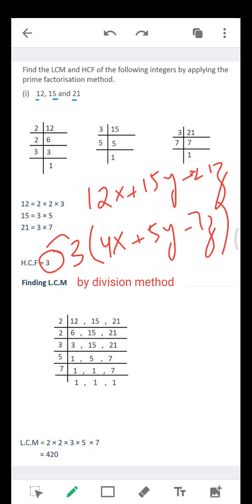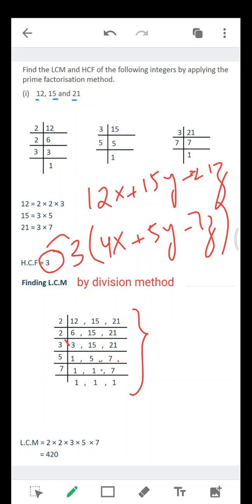Just recalling, when you find the LCM by the division method: 2 sixes are 12, then 15 as it is, 21 as it is. 2 threes are 6, then 15 as it is because it won't go in the 2 table, 21 as it is. Then 3 ones are 3, 3 fives are 15, then 3 sevens are 21, then 5 ones are 5.